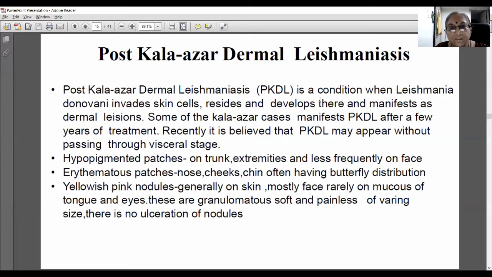Yellowish pink nodules are also seen on the skin, mostly on the face, rarely on the mucosa of the tongue and eyes. These are granulomatous, soft, and painless. They can be of various sizes, and these granulomatous nodules have no ulceration.